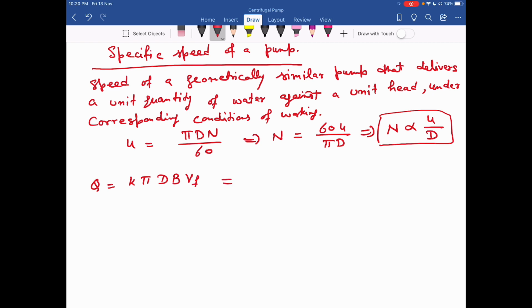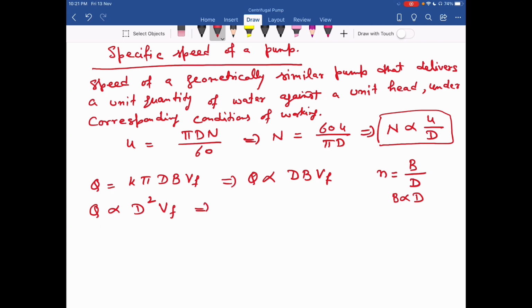So discharge is proportional to D B into Vf. Further, there is the ratio B upon D, so B is proportional to D. Again, Q is proportional to D square into Vf.